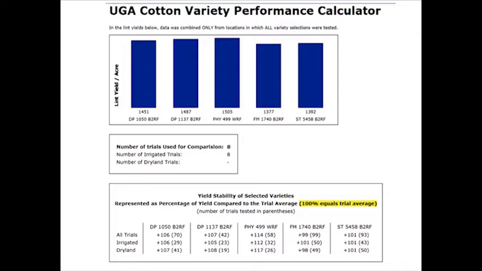And in parentheses is the number of trials used to make that analysis. In other words, that's the number of trials that variety appeared in. Brand new varieties in many situations, you probably won't see in such a high number, but the longer we have varieties on the market, the higher that number is going to be, and the better the assessment is going to be. So if you haven't seen this before, I would encourage you to really take a look at it. It's a very quick and easy tool to compare varieties across a broad basis.